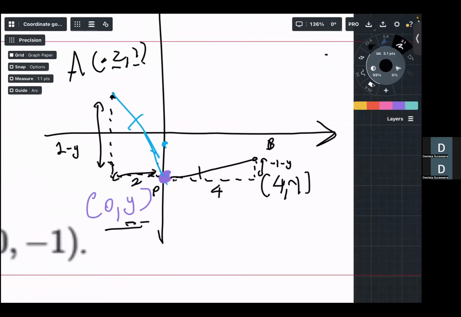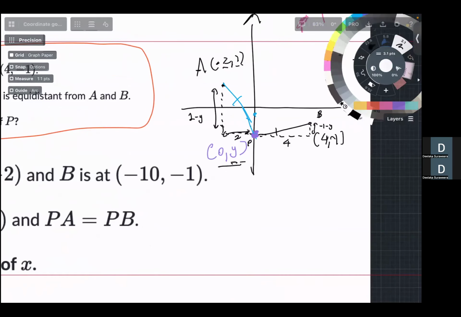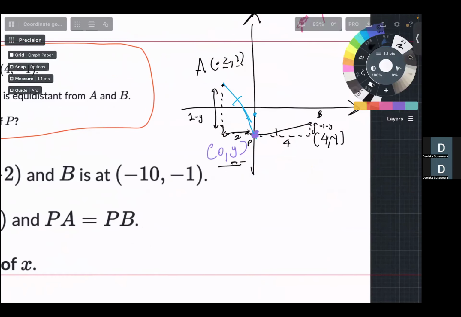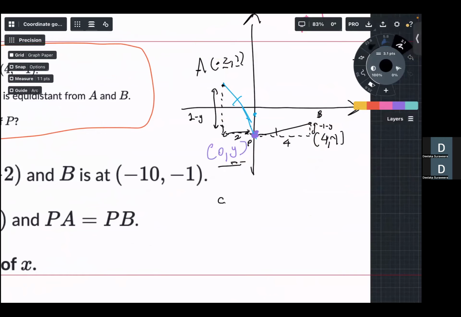And you're trying to say the distance between these two is the same. Now it's algebraic, it's quite hard because you don't know the distances, but what you know is the two distances are equal. So if you do Pythag to find C for the first coordinate, C squared is (1 minus y) squared plus 2 squared. And then this other point PB has the same C, the same distance.